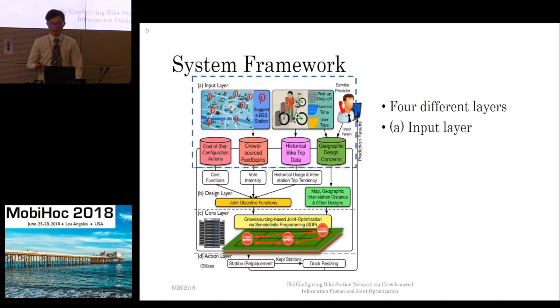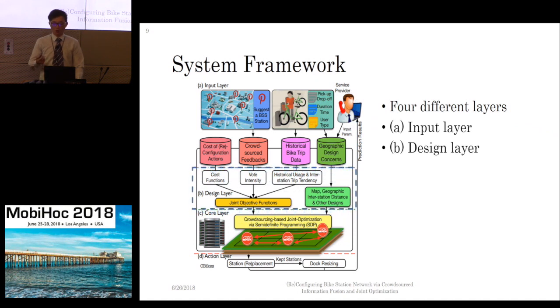They will be stored in databases, and then the cost functions, vault intensity, historical usage, and interstation trip tendency are jointly fed to the module of the joint objective function. Meanwhile, other factors like the map, geographic interstation distance, and other designs are also processed.